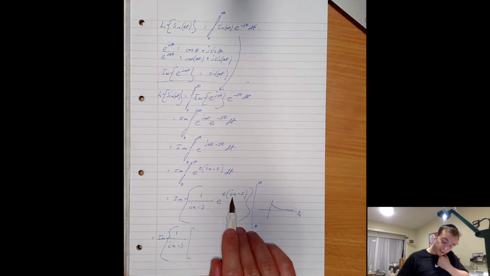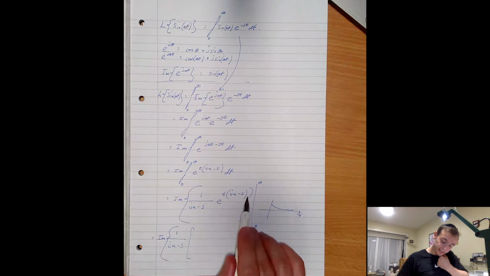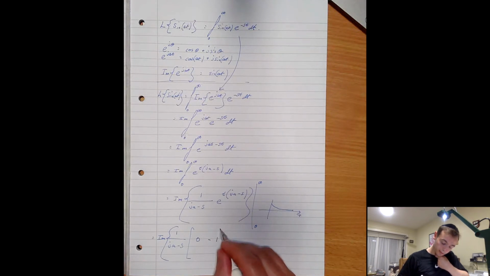If that's true, then as t tends to infinity, this whole thing tends to 0. So we have 0 evaluated at infinity minus e to the naught, which is 1.